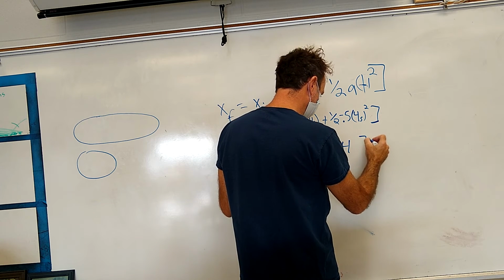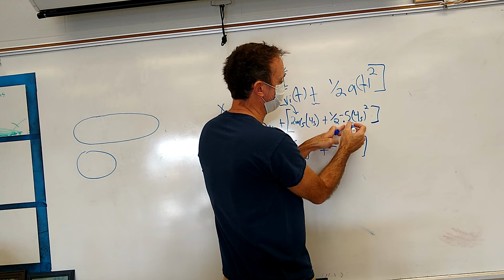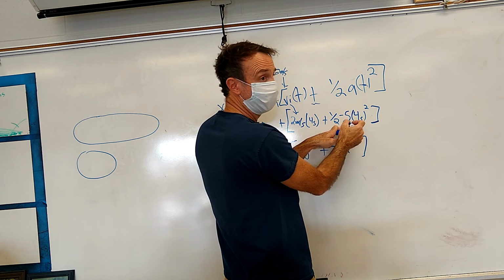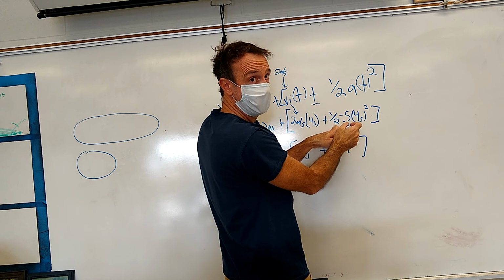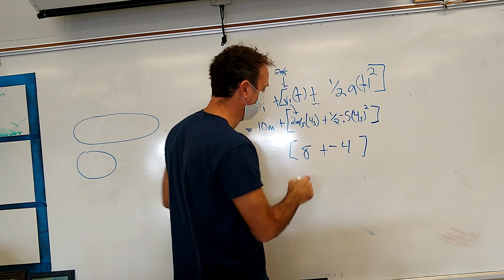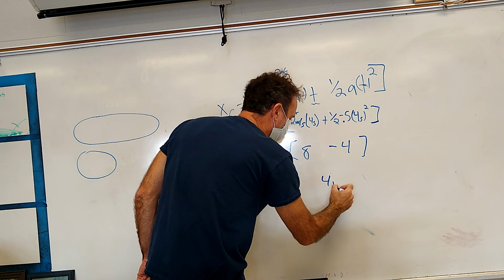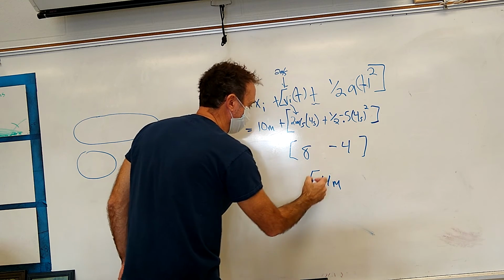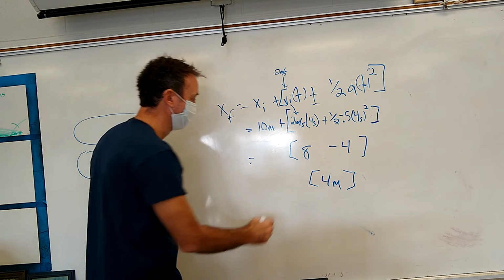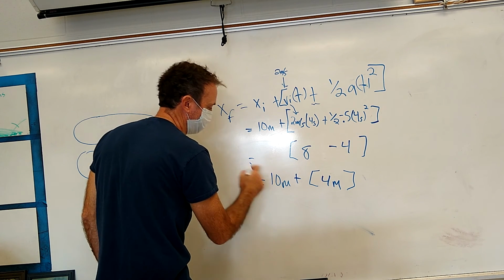Now, if you don't know how I got that 4, 1/2, 0.5 times 4 squared. 4 squared is 16. Negative 0.5 of that is negative 8, and half of negative 8 is negative 4. So 8 plus negative 4, or 8 minus 4, 4 meters is all that's covered on the ramp when the skater's slowing down. He went 10 meters before he hit the hill.